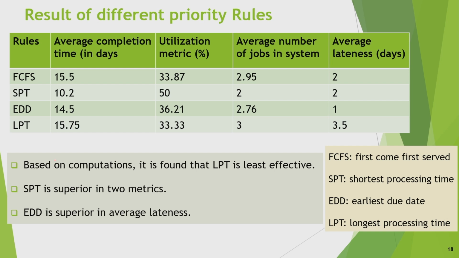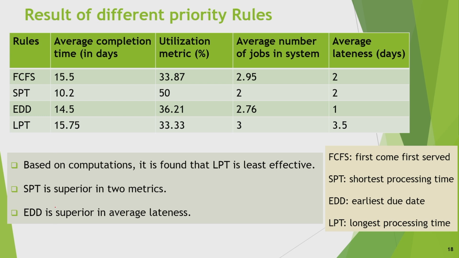In other cases it is not that much, and the average number of jobs in the system by other methods is more, but by shortest processing time there are only 2 jobs in the system. Average lateness in first come first served was 2, and SPT average job lateness was 2.